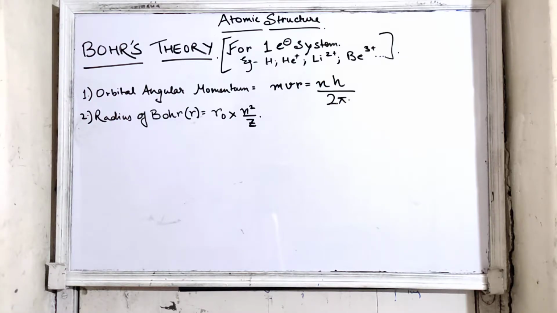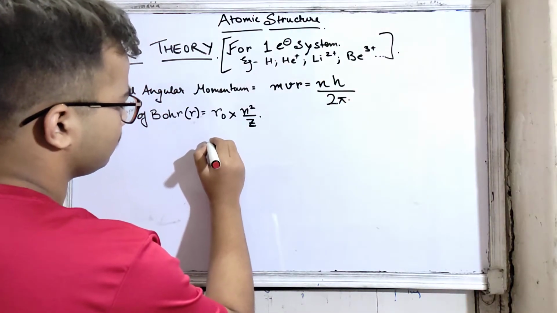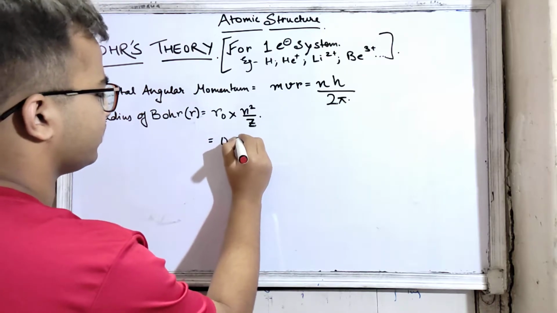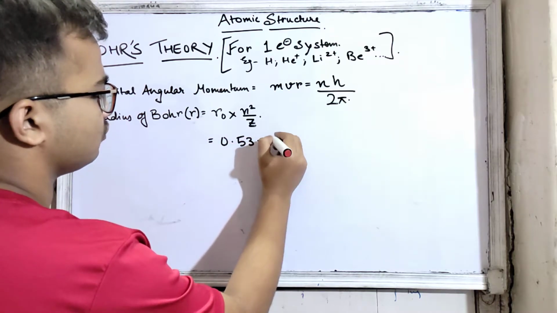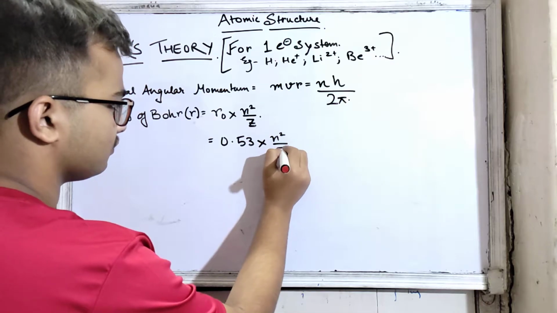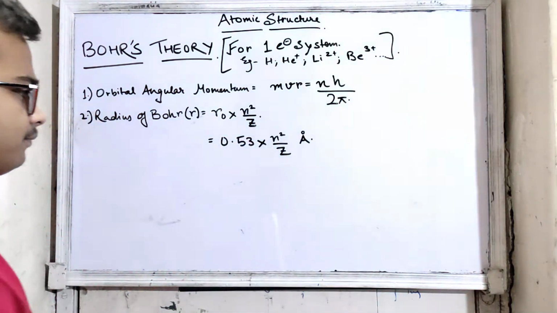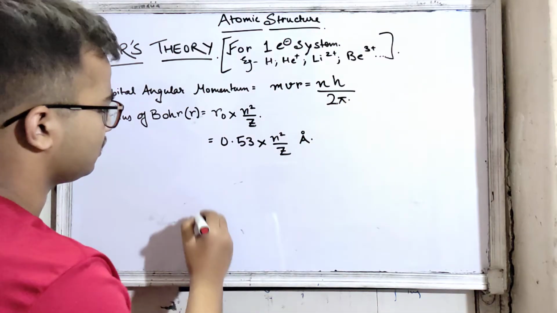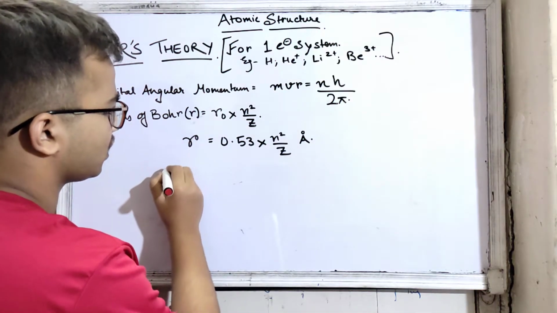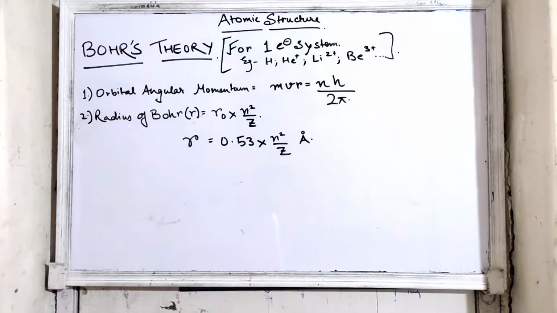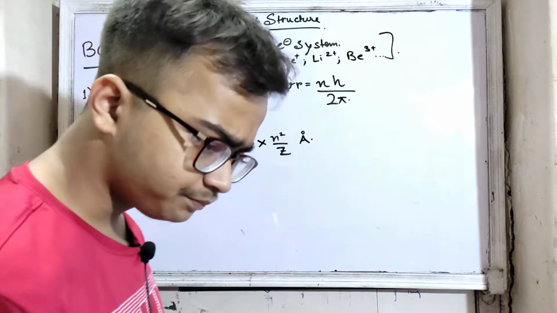Now this r0 has a value equal to 0.53, and it will come in angstrom, right? So r equal to 0.53 into n square by z angstrom, right? Clear up to this much?